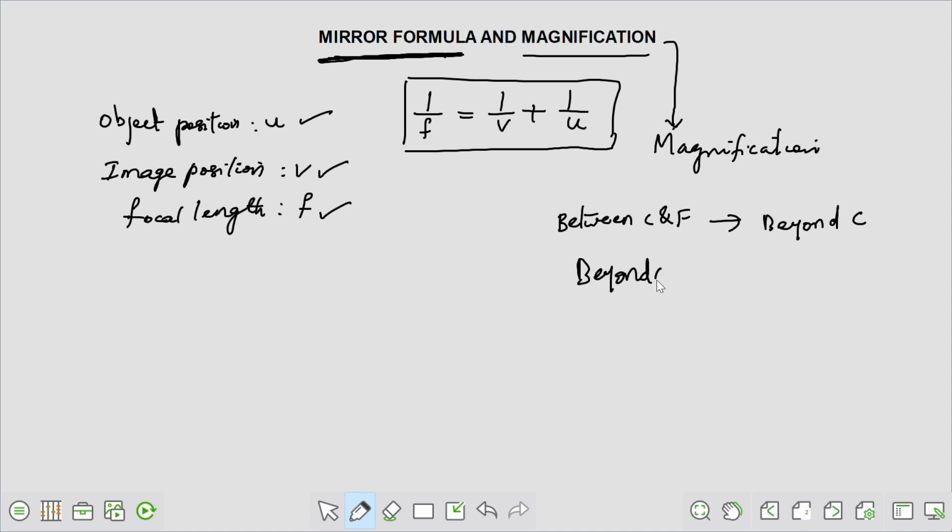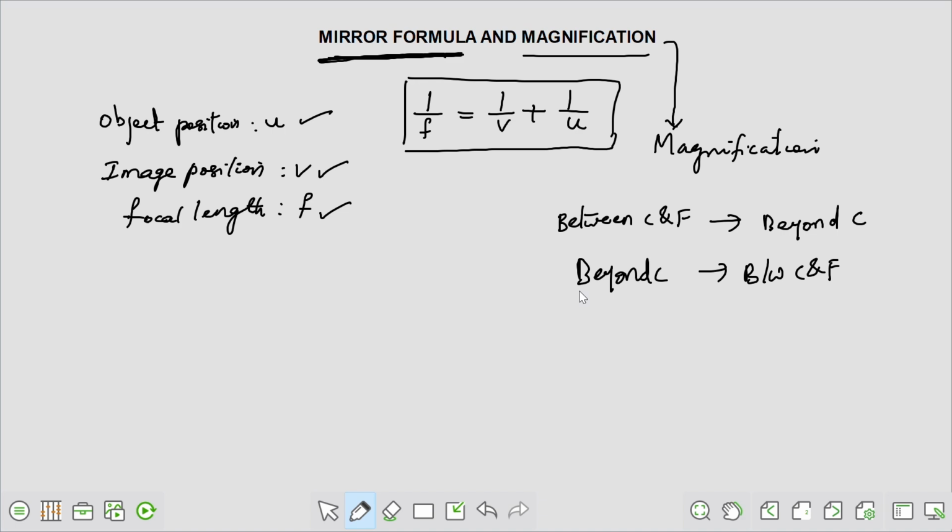So there are 6 positions that we discussed in mirrors. When the object is placed at different positions, you get the image position accordingly. So when we wrote the size of the image in that case, how did you write the image size? By comparing the size of the image with the object.